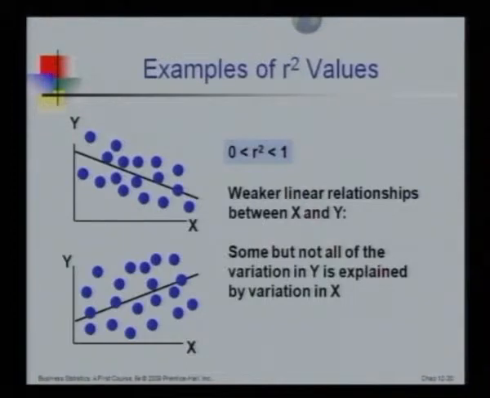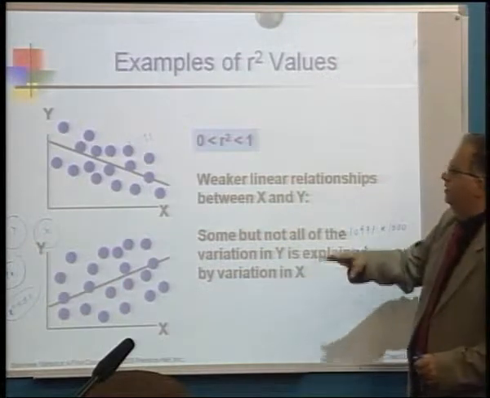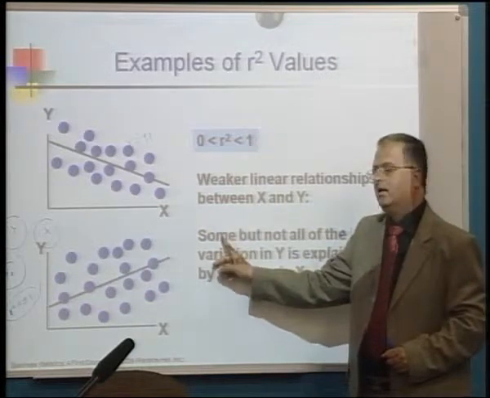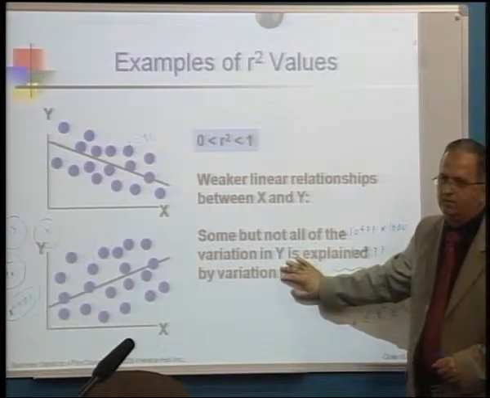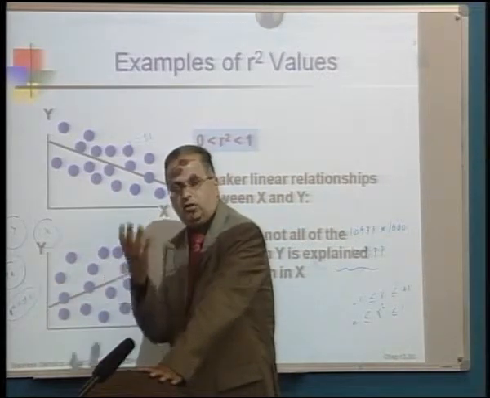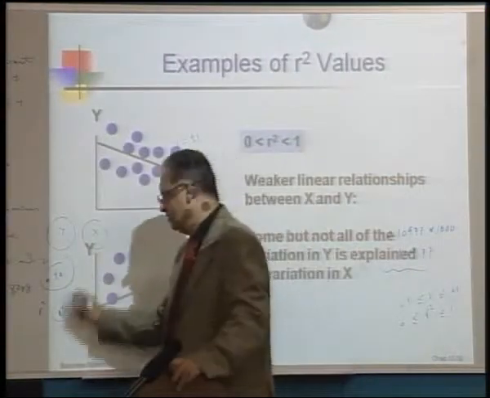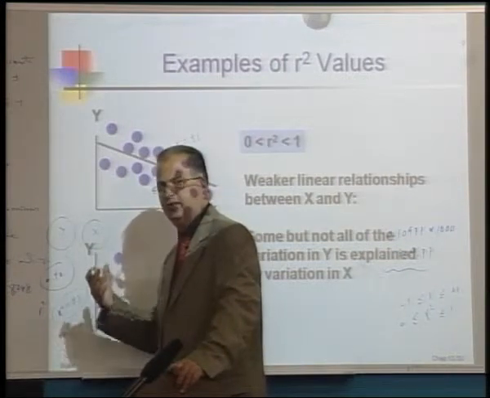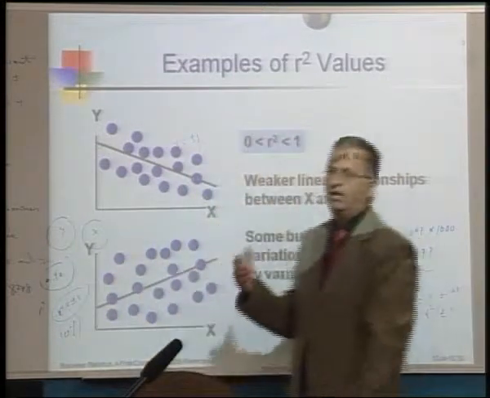A weaker linear relationship between X and Y means R square is not 1. Since R square lies between 0 and 1, it means some, but not all, of the variation of Y is explained by the variation in X. As mentioned before, if R square is 90%, it means some, not all, of the variation in Y is explained by the variation in X. The remaining percent, in this case 10%, is due to, as I mentioned, maybe some other variables that affect the selling price besides its size.